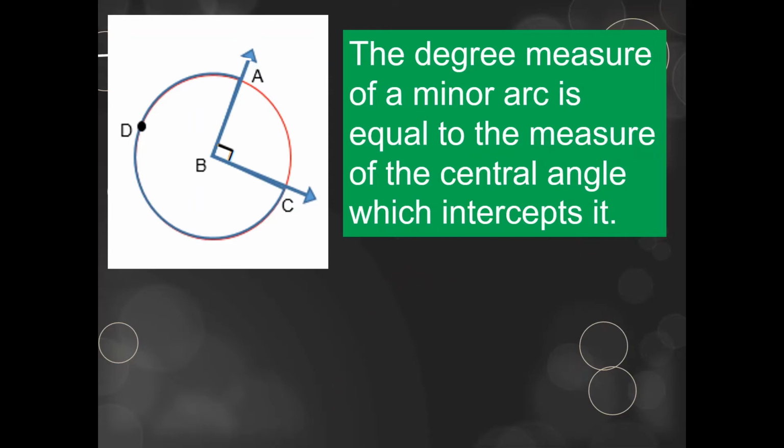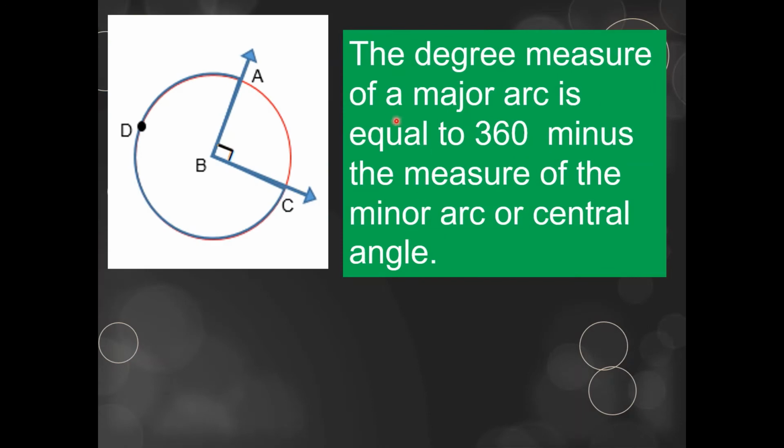Here in this circle B, we have angle ABC which has a measure of 90 degrees. Since angle ABC is a central angle, it means the measure of arc AC is also equal to 90 degrees because it is its intercepted arc.